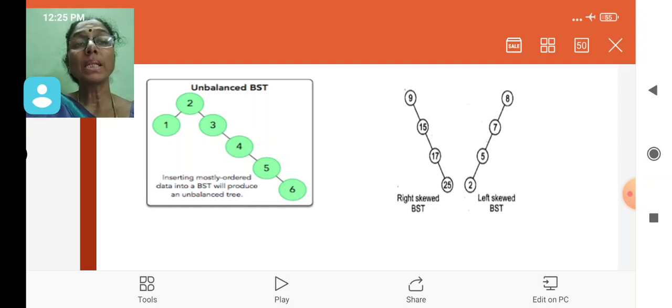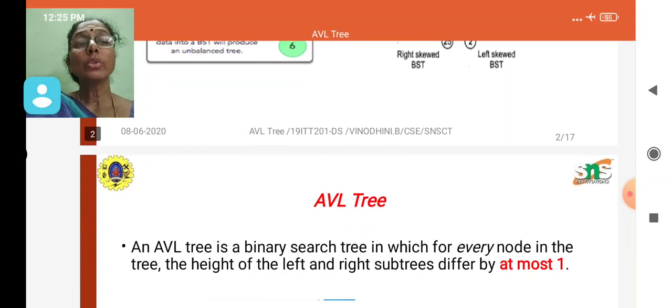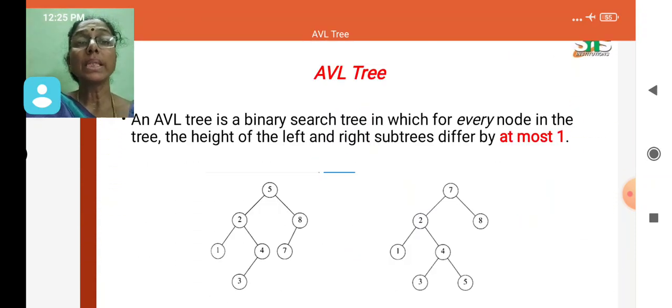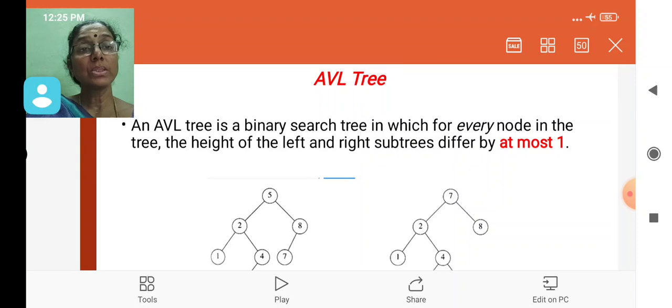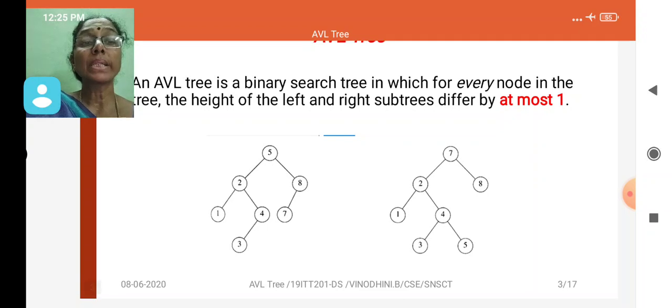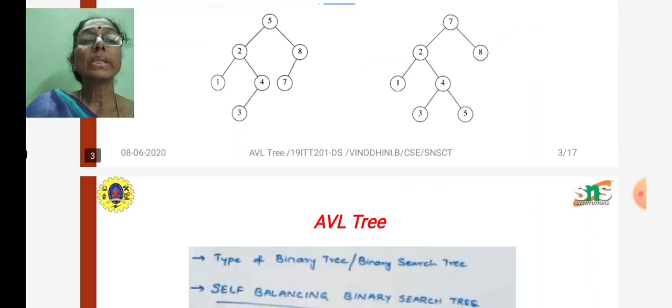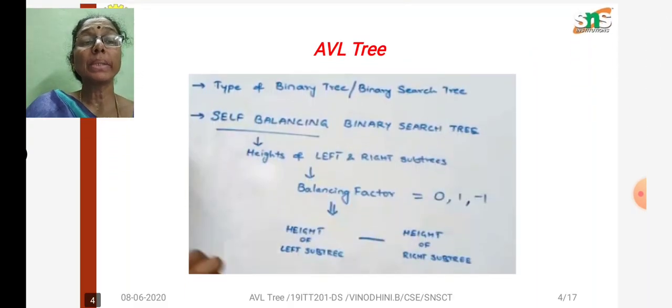To overcome that, we are going to the concept of the AVL tree. The AVL tree is a binary search tree in which, for every node, the height of the left and right subtree differs by at most 1. This is the important factor you have to consider in the AVL tree, called the balance factor. We have to find the balance factor of every node in every insertion or deletion.